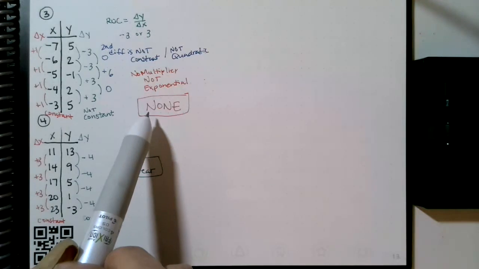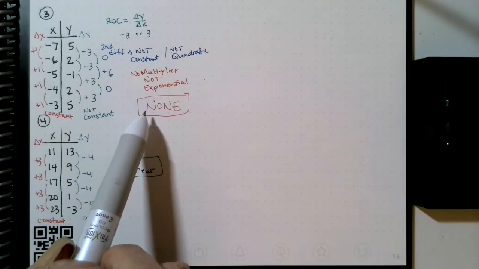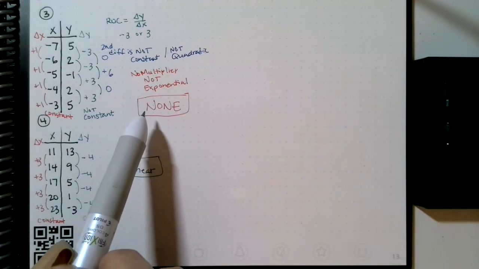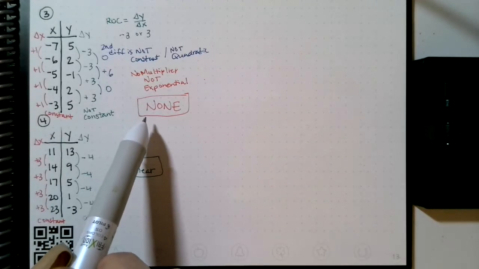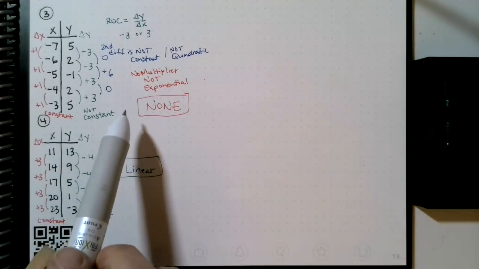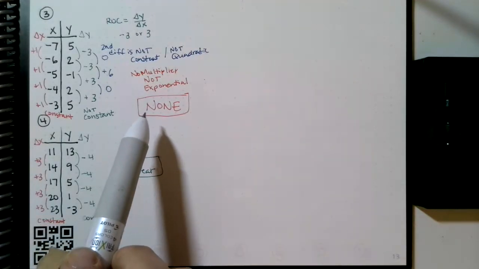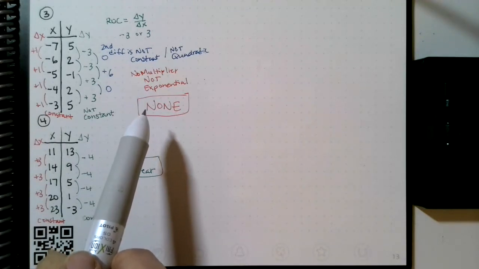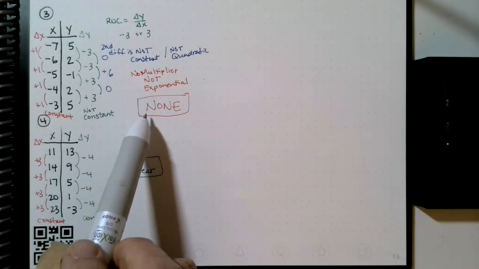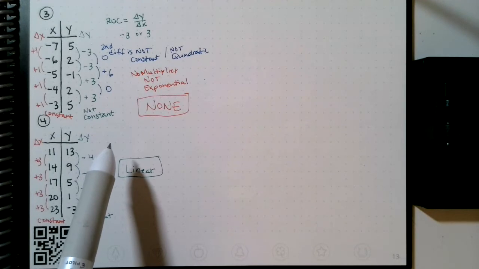So this was none of the patterns that we're studying right now. Some of you might recognize this from the beginning of the semester as absolute value, but you don't need to know that. This is none of the linear, quadratic, or exponential that we're studying right now.